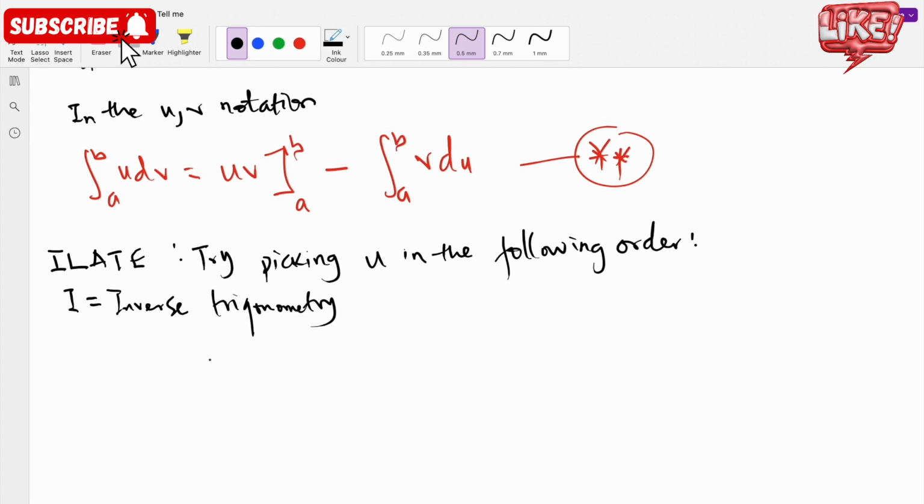So if you see the inverse trigonometric in your integral, then you should make it your u.